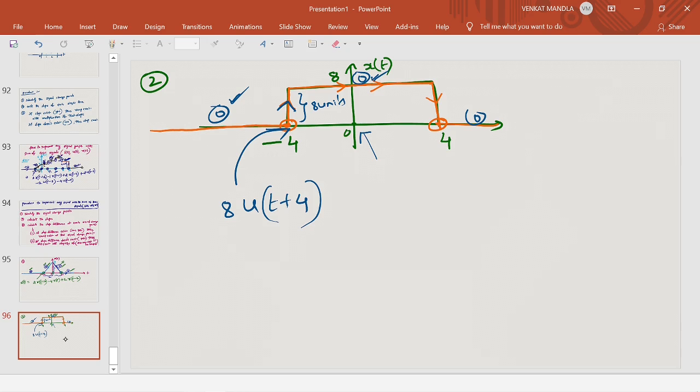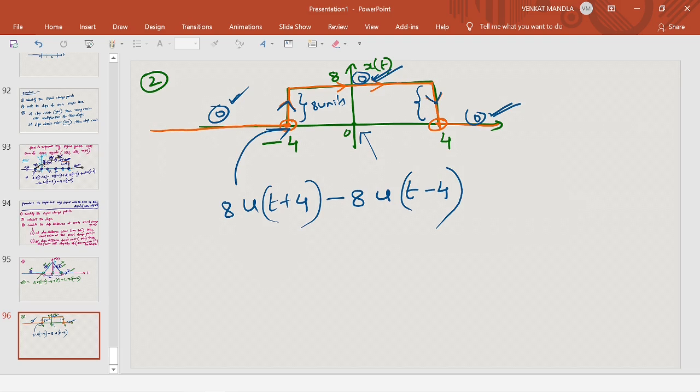At t equal to 4, the slope difference is 0 minus 0, again 0, so a step exists, but here the step is decreasing, downward. How many units? 8 units. A decreasing step means minus 8 times u of t minus 4. That's it: x of t equals 8 times u of t plus 4 minus u of t minus 4.